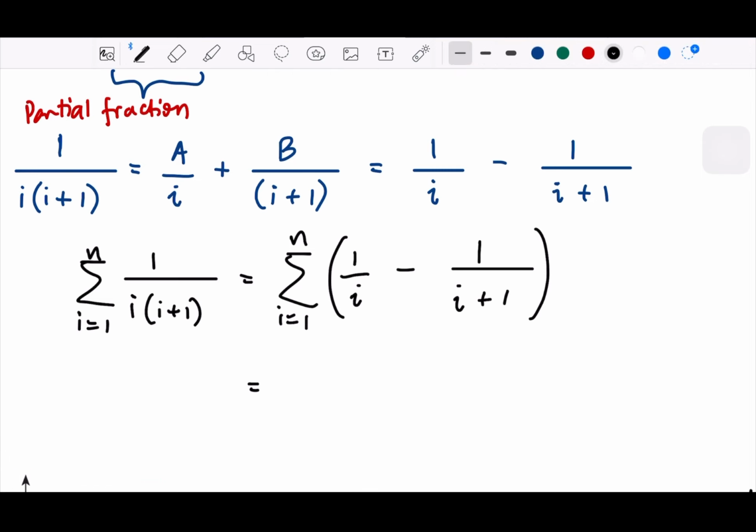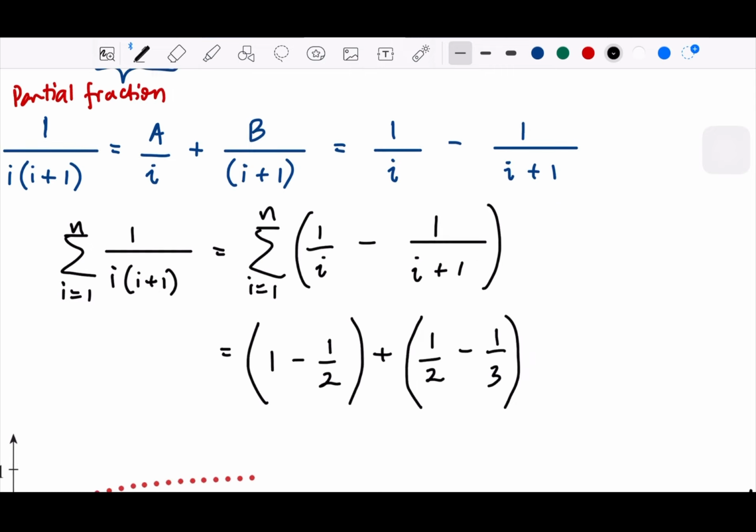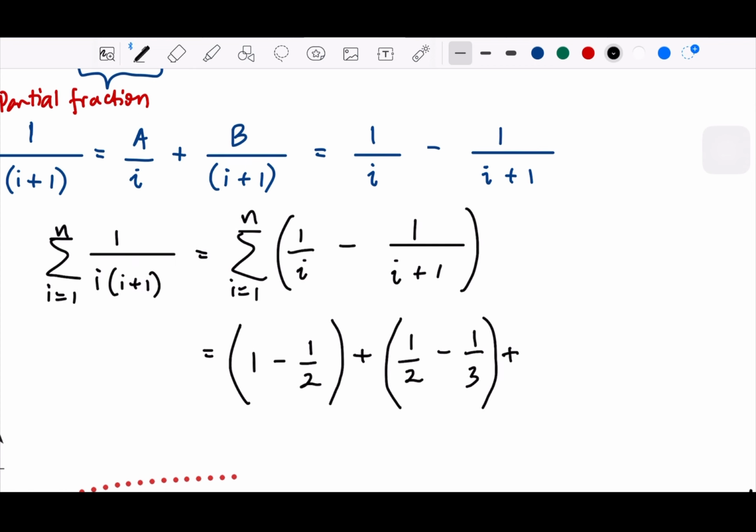Let's try from i equal 1. This will be 1 minus a half, that's the first term. And then plus the second term, 1 over 2 minus 1 over 3. And then take another addition, 1 over 3 minus 1 over 4.